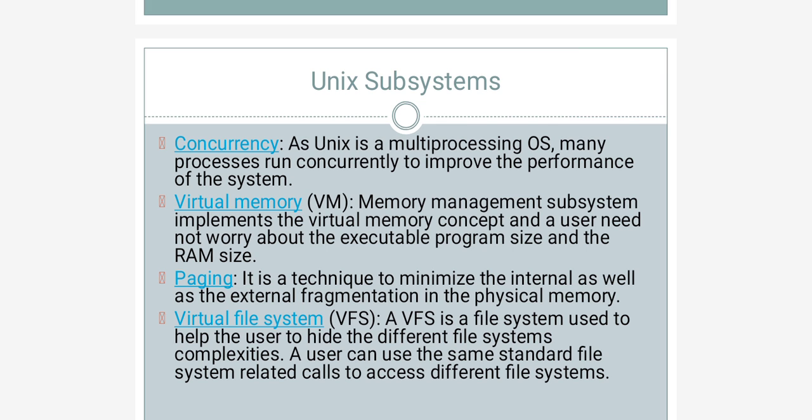So we won't worry about the program size, its structure, or its capability. By using this concept of virtual memory, we can execute a file of any size that we want to run.